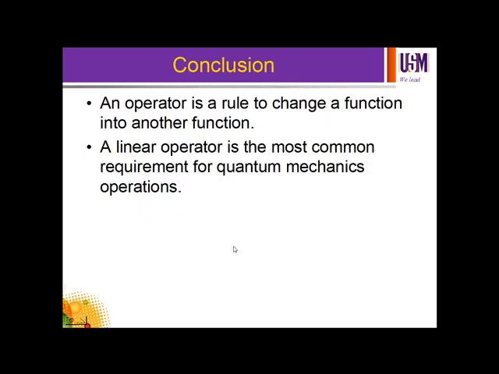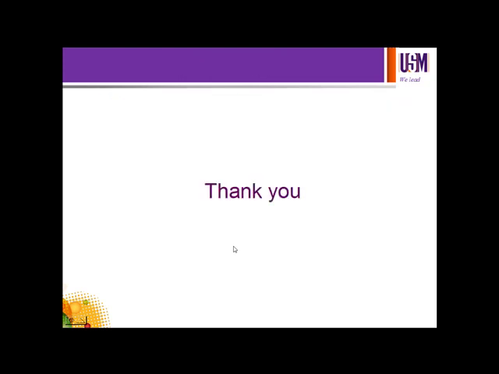As a conclusion, an operator is a rule to change a function into another function. A linear operator is the most common requirement for quantum mechanics operations. We'll see later that operators play a central role in the Schrödinger equation, which forms the basis for quantum mechanics.